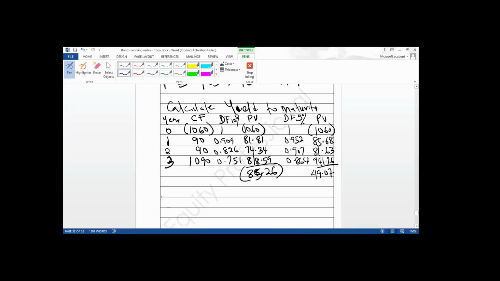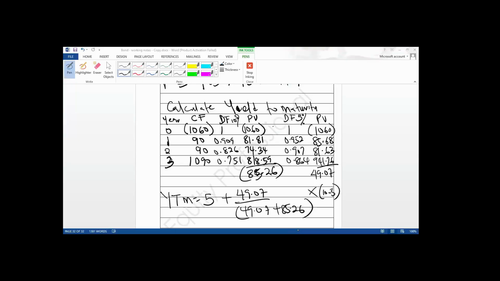Compute your YTM. YTM is equal to the lower discount rate, 5, plus the positive NPV 49.07 divided by 49.07 plus 85.26, multiplied by 10 minus 5. Please work this out.